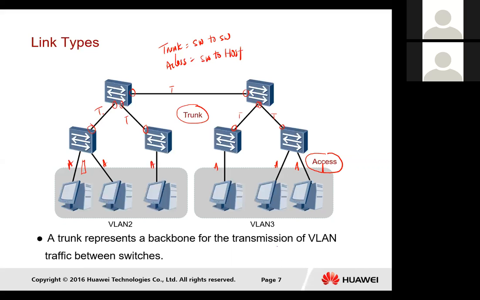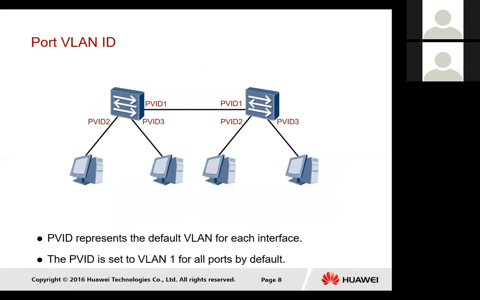That is the two different link types: trunk and access. Based on the port VLAN ID, as I mentioned just now, the default is PVID 1, but definitely you can modify it. So based on this environment, in this example, I have PVID 1, 2, 3.